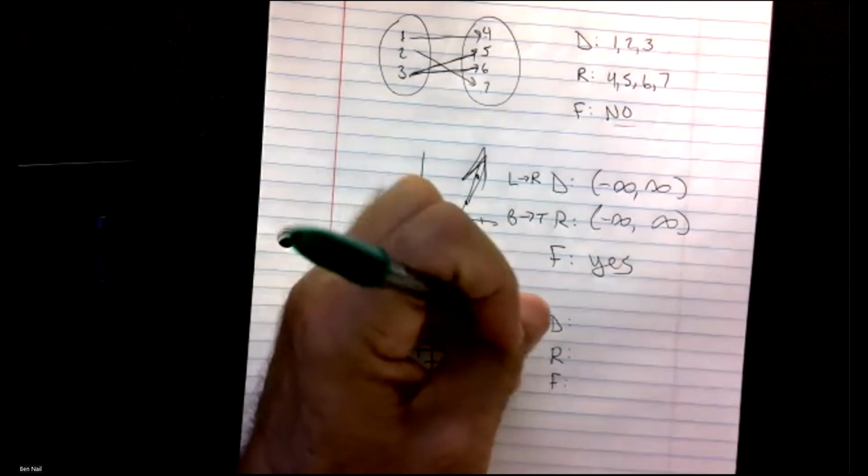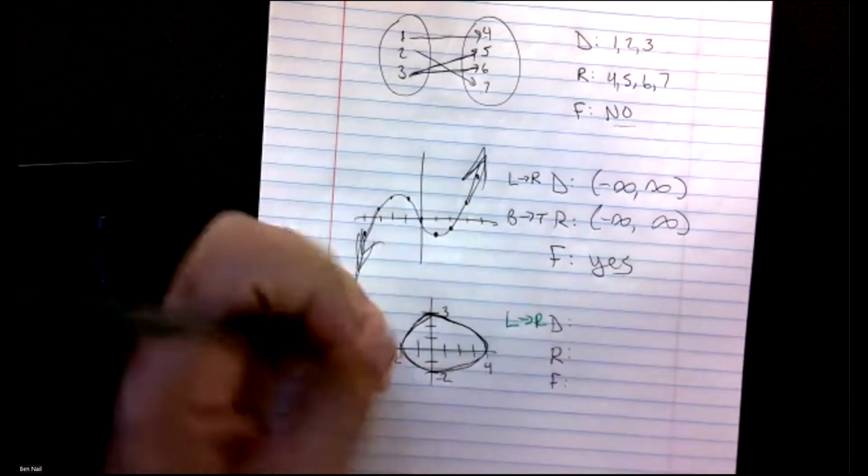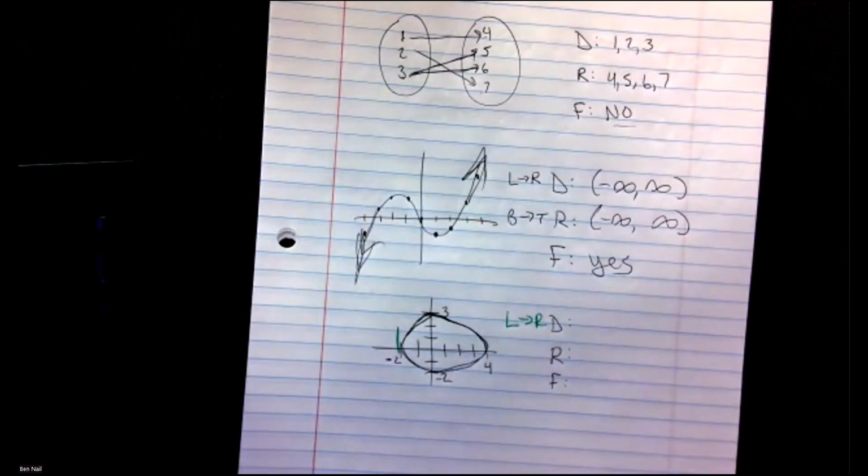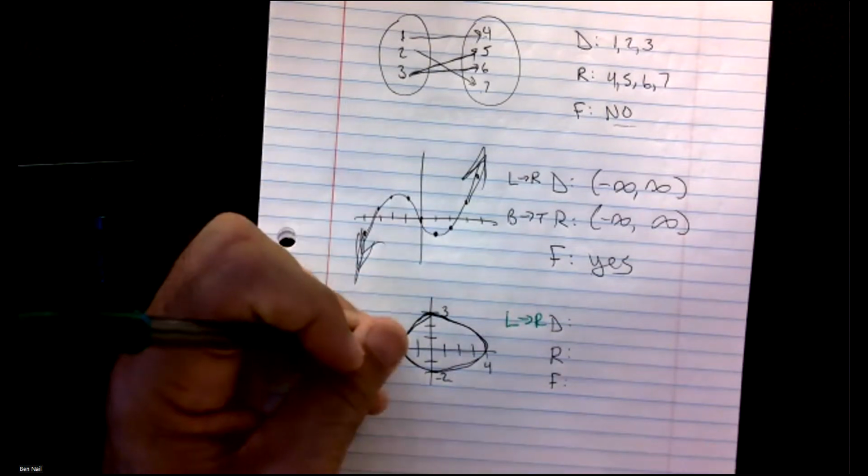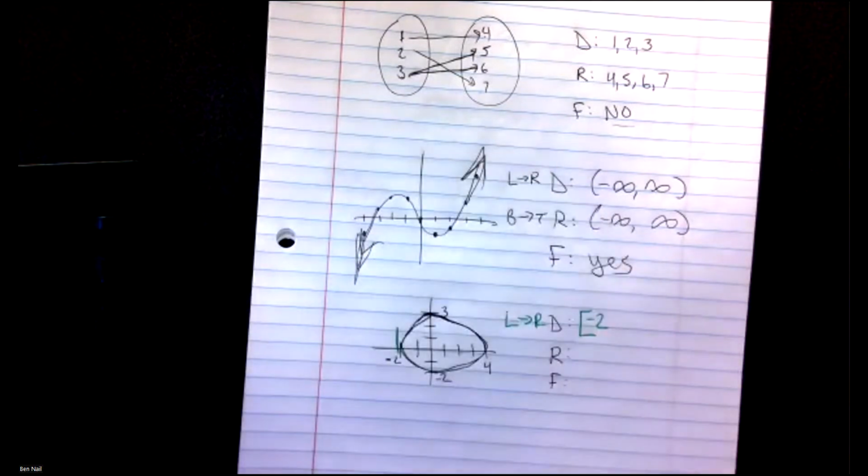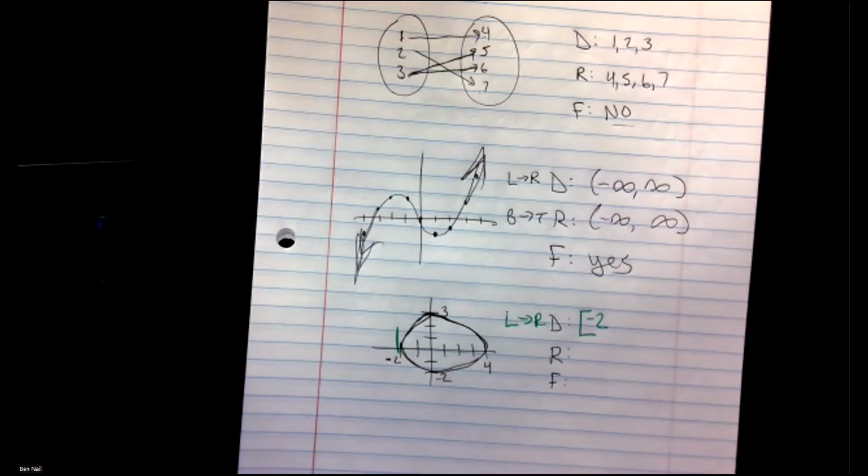Domain, we read from left to right. What is my smallest possible left value? We never go left of -2. Now, if it's an open dot or infinity, we use parentheses. Otherwise, if it's a solid dot or a solid line, we use a bracket. So this is saying that -2 is my smallest possible x value.